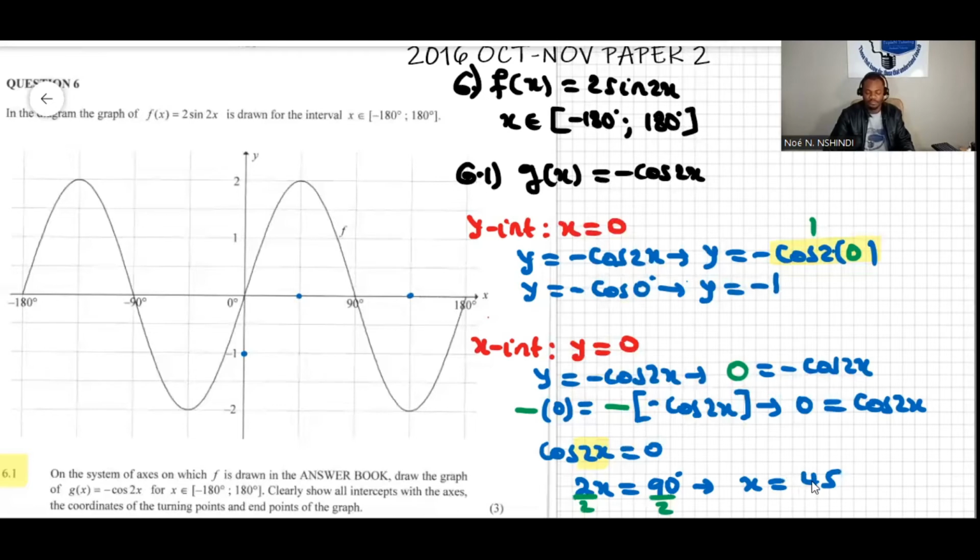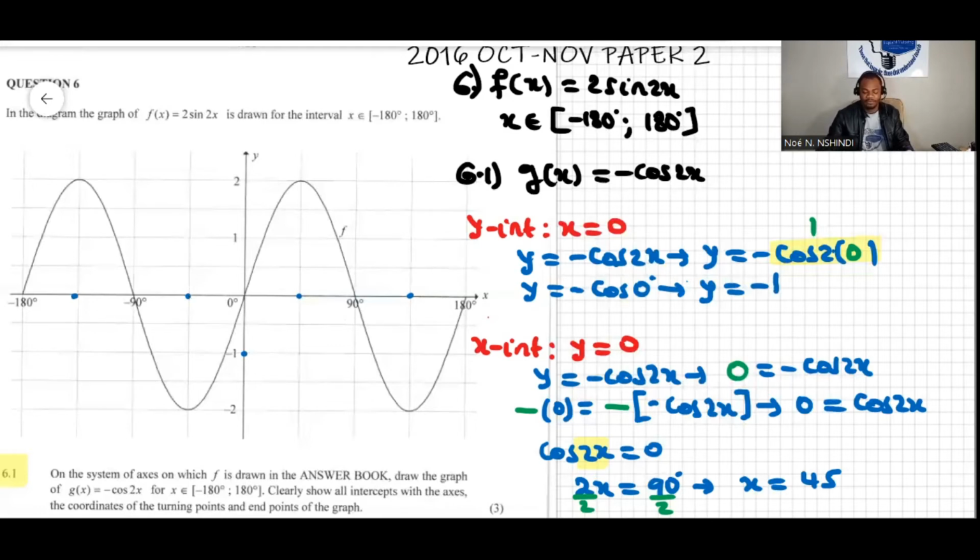If you sub x equal to 45, 2 times 45 equals 90. So we have 45 here already, the x-intercept, and another 90 from the 45 gives us another intercept. Same thing backward: at negative 45 we have an x-intercept and another x-intercept there. We can then start drawing the graph.